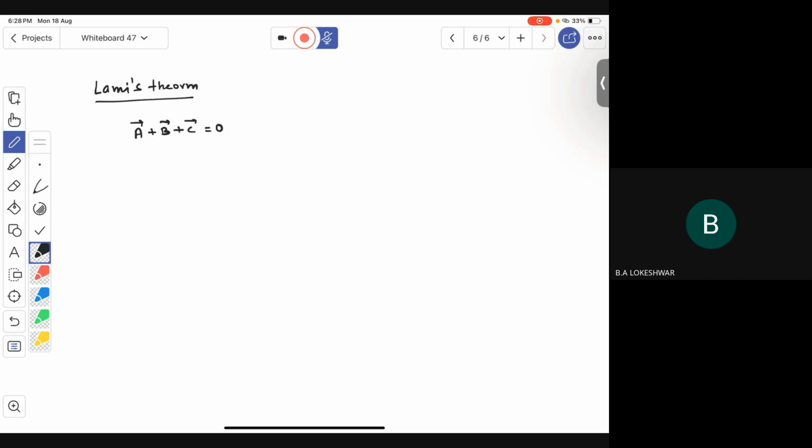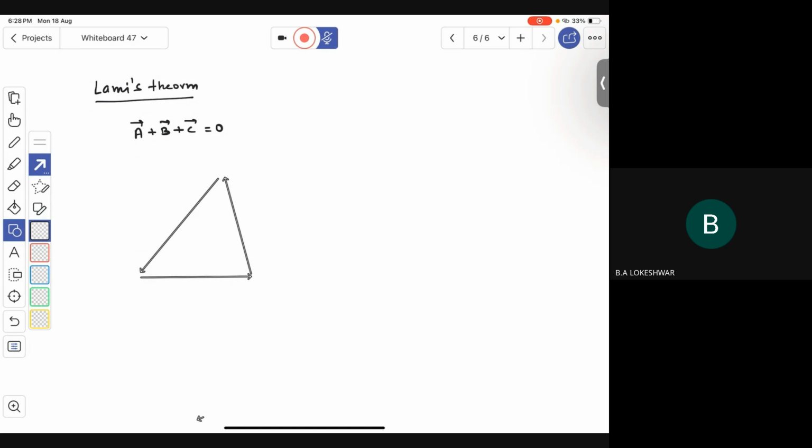When these three vectors are given by three sides of a triangle taken in same order, no? Correct? So resultant of these three vectors will be 0 only when they can become three sides of a triangle, correct? If at all they can't become three sides of a triangle, they can't give us resultant 0.